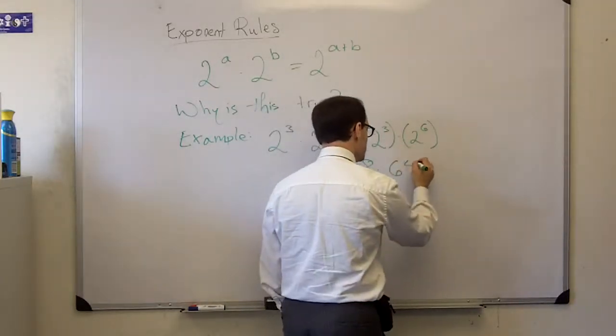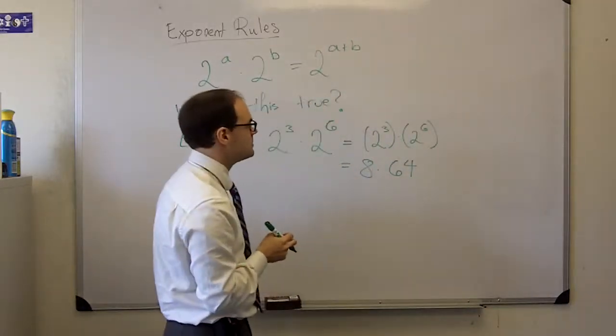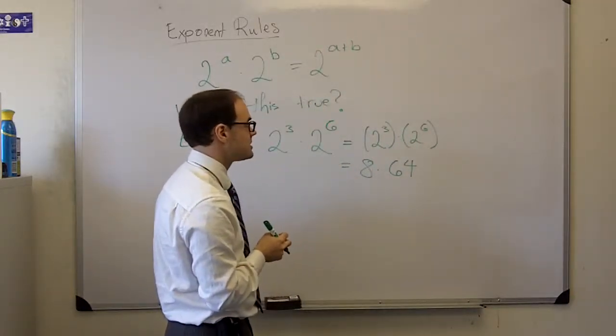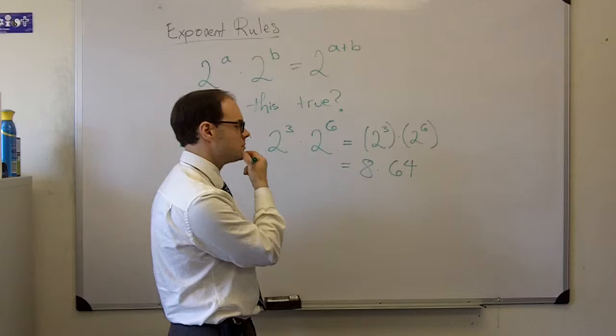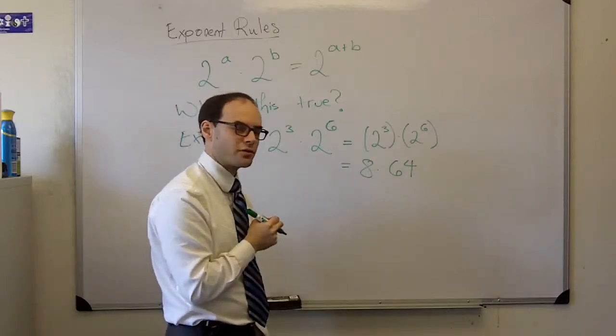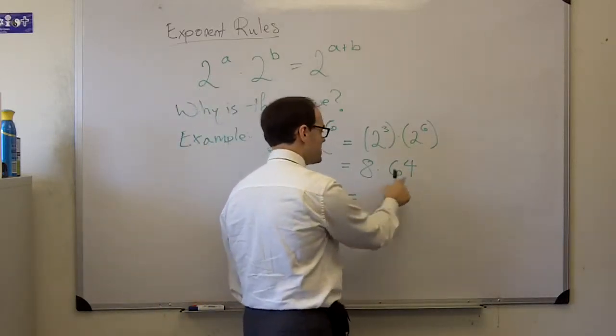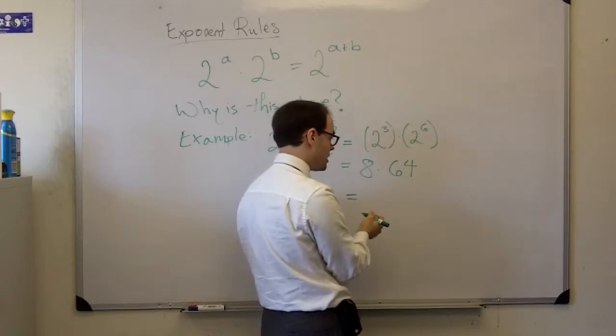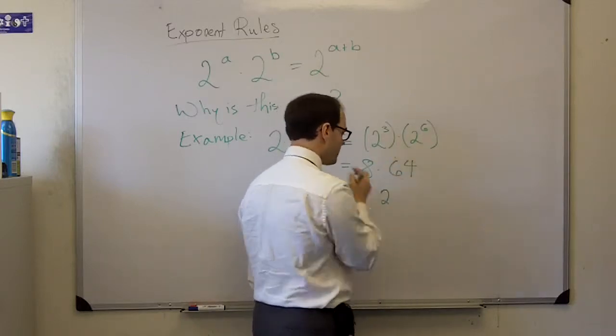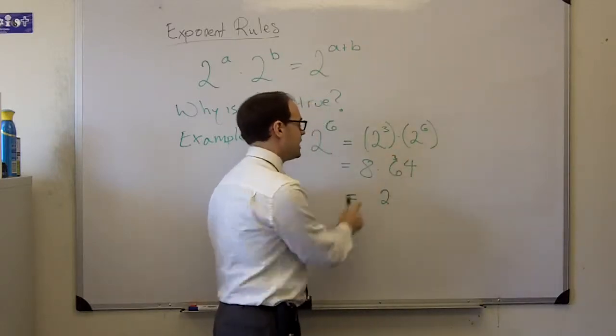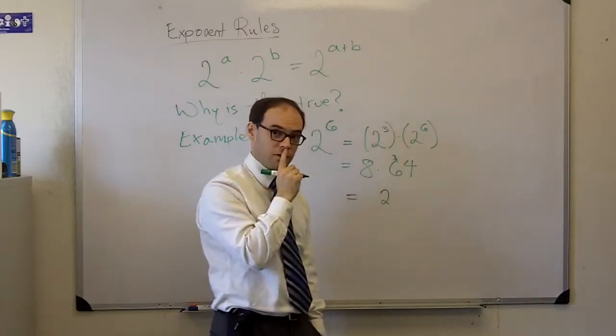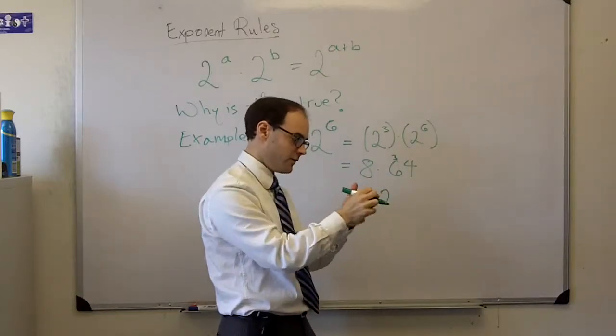That's 64. Now what is 8 times 64? Well, that of course requires a little bit of arithmetic now, doesn't it? So 8 times 4 is 32. Carry the 3. And 8 times 6 is 48, 49, 50, 51.